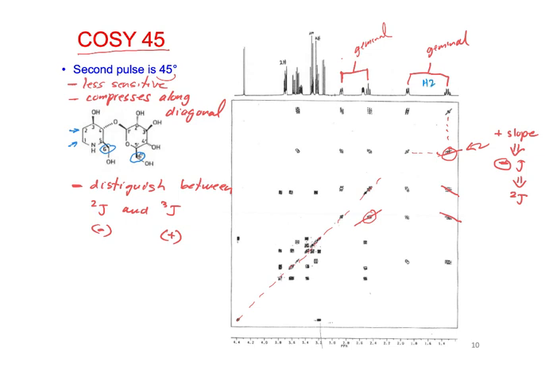And then presumably because H2 goes across to here, and also goes across to here, these two have to be H1. 1 or 3? Well, 3 is not a CH2 group, right? So it has to be H1 going to H2.